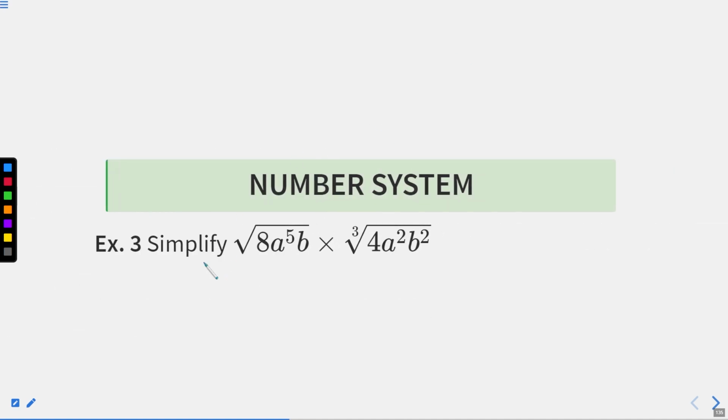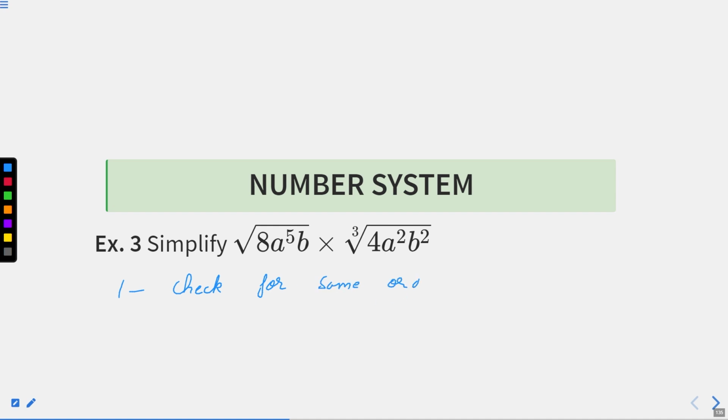Now here is a question based on just the previous multiplication. How are we going to do it? Just simple steps. First, check for same orders.